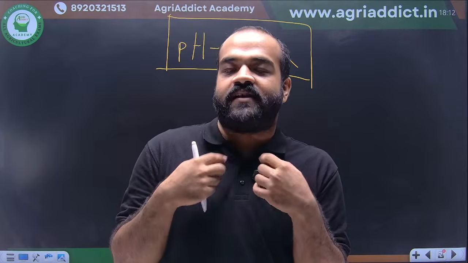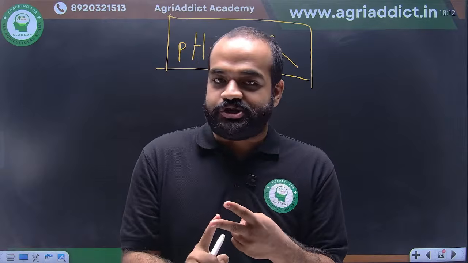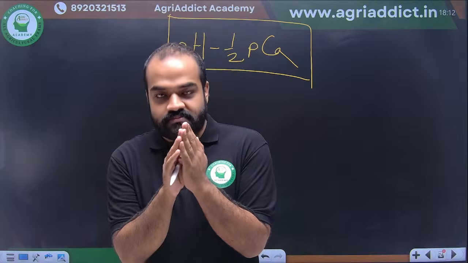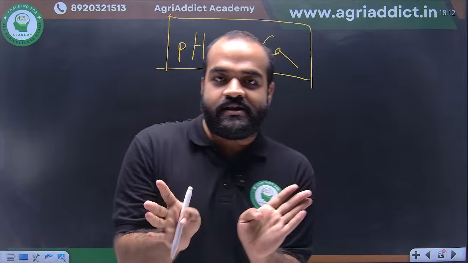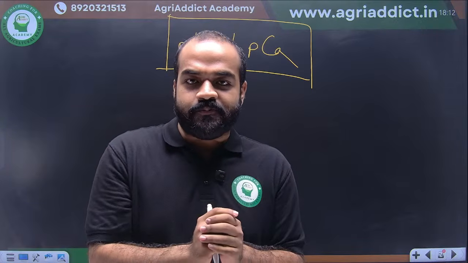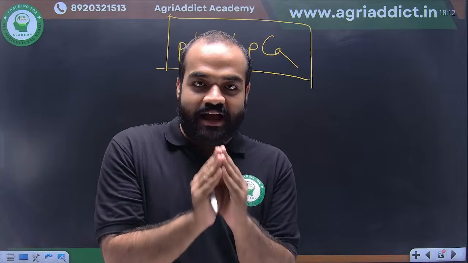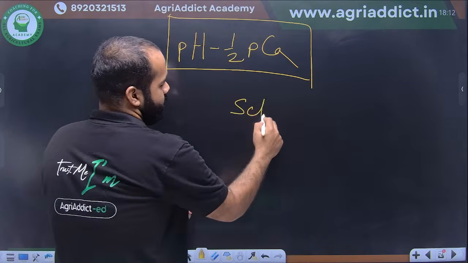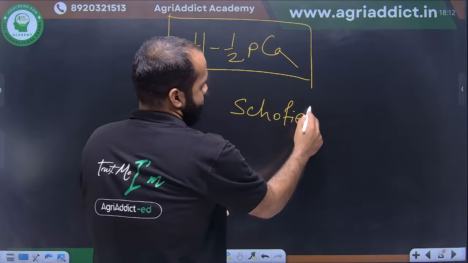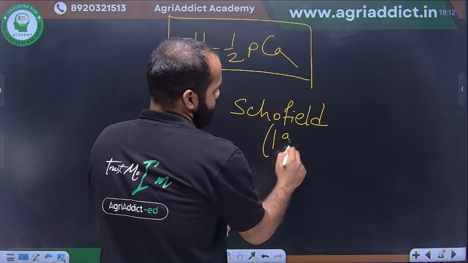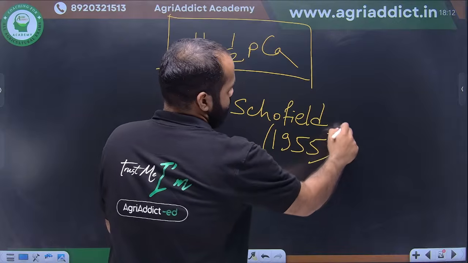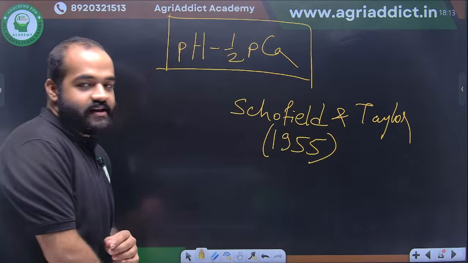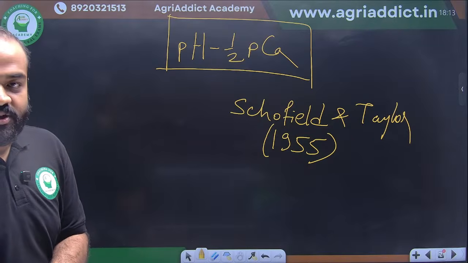I myself have done 1:2.5 and 1:2 ratio of soil and water for determining the pH. अब इसमें प्रॉब्लम क्या होता है? ड्यू टू द डाइल्यूशन थ्रू वाटर हर एक रेशियो में अलग अलग पीएच आएगा. सो ये अलग अलग पीएच ना आए फॉर गिविंग अ स्टेबल इंडेक्स, Schofield and Taylor in 1955 gave the concept of lime potential.